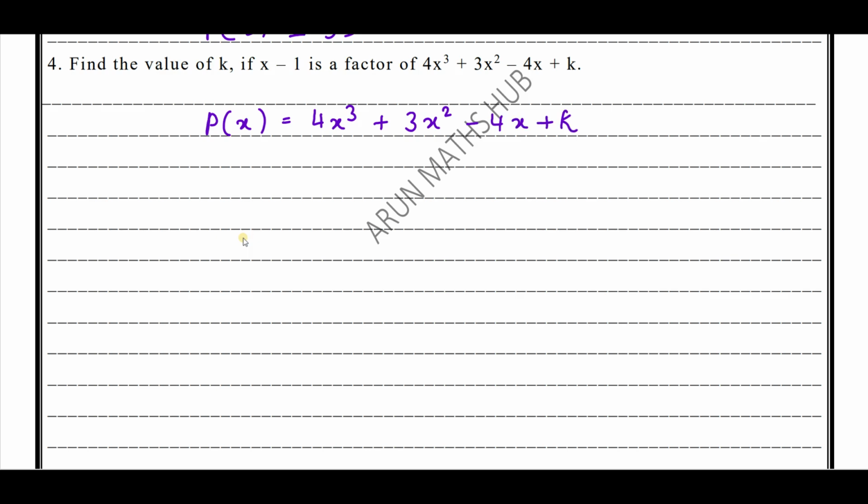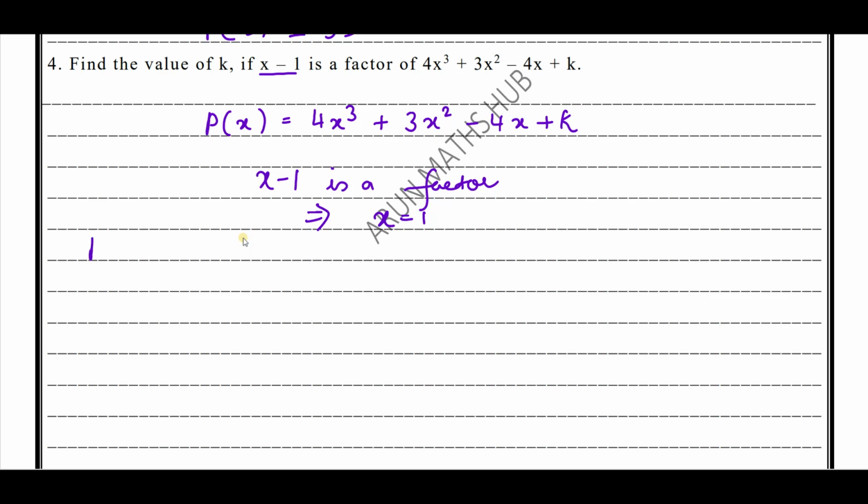Now by factor theorem, x minus 1 is a factor. That means, given x minus 1 is a factor, this implies the value of x will be what? 1. Shift, you will get value x equals what? 1.